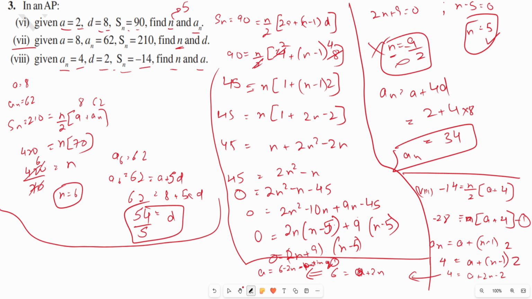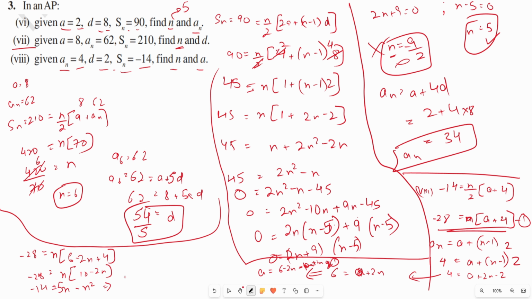If I put this in equation 1, I will get minus 28 = n into (6 - 2n + 4). If I solve the bracket, I will get n into (10 - 2n) and here minus 28. If I divide this equation by 2, I will get minus 14 = 5n - n square.